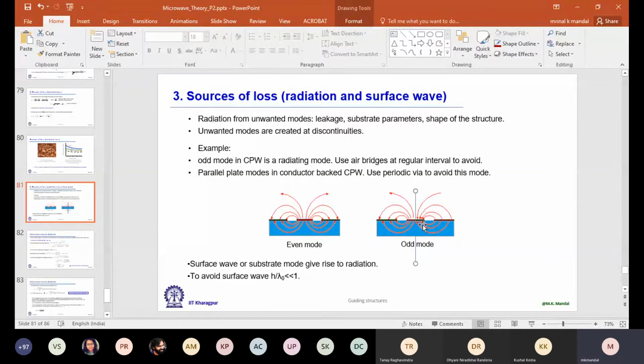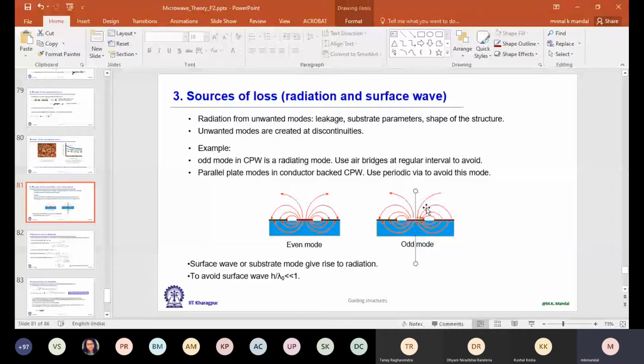Why do we have this problem? If you look here carefully, you see from the rightmost ground, the electric field is starting, then ending here on the signal line, and from the signal line again to the left side ground. In other words, we can say that these two extreme grounds are not at the same potential.